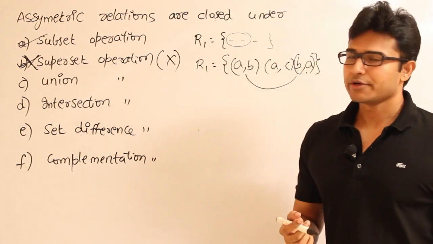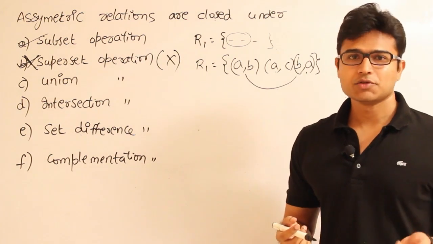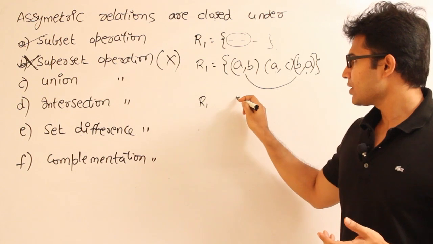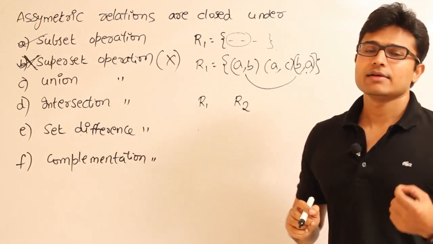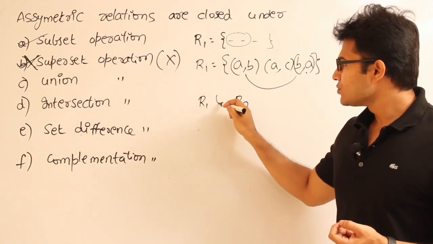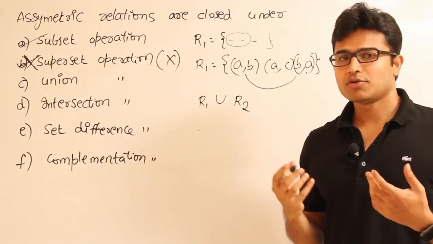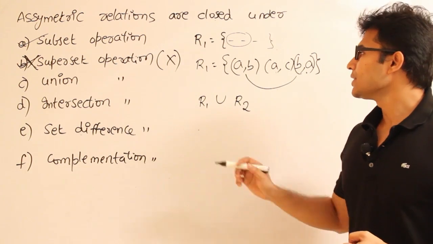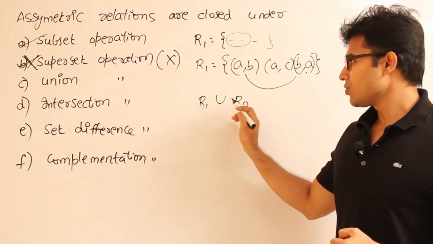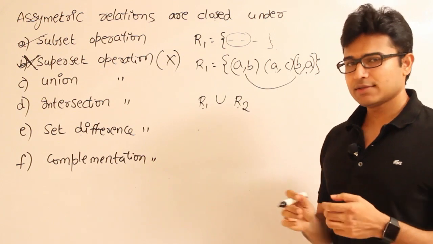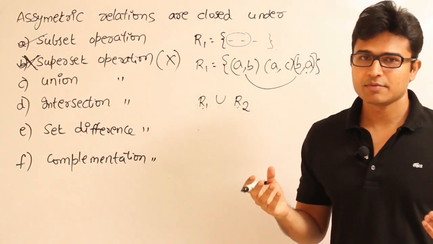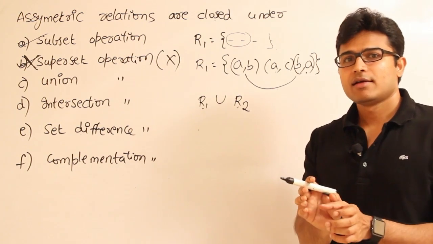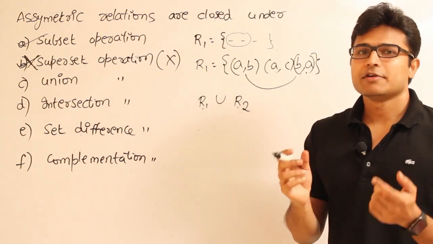What about union operation? What does it mean? If you have two asymmetric relations R1 and R2, what can you say about the union of these two? That is what they are asking. One interesting thing here is, even though the relations individually are asymmetric, when we combine them we might add a symmetric pair.